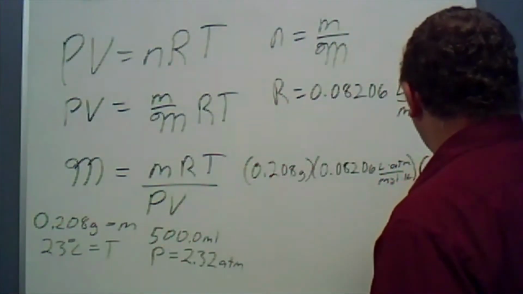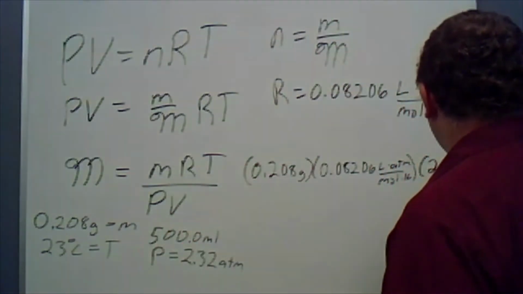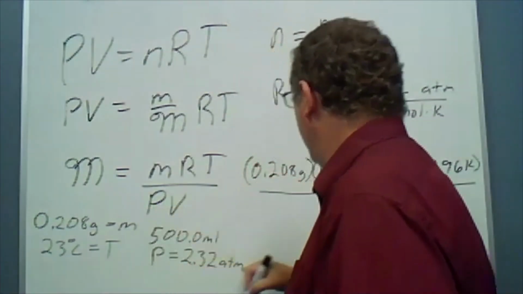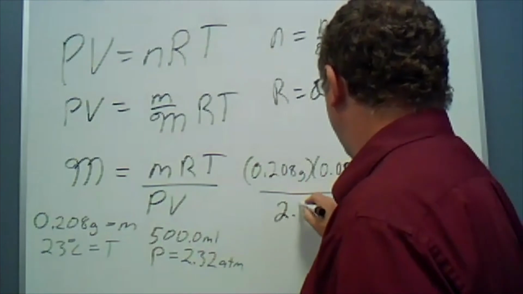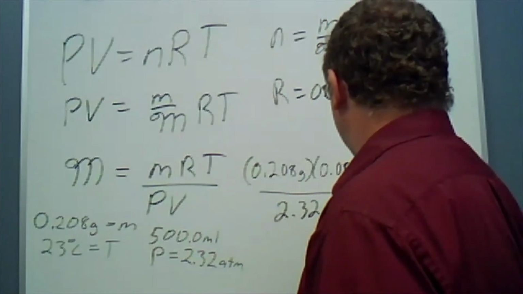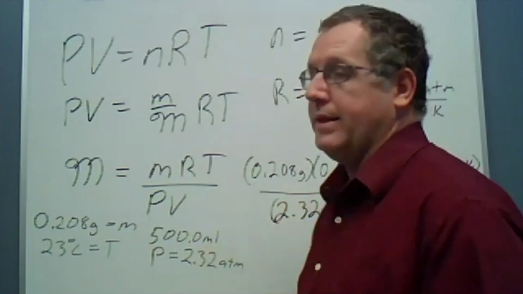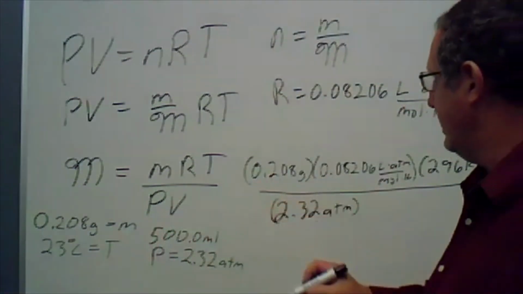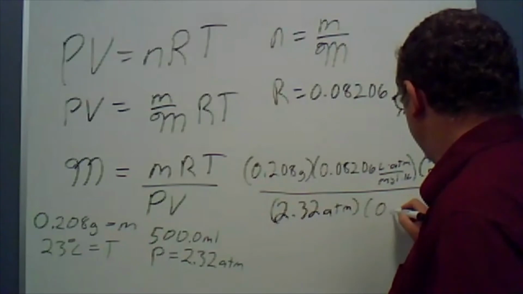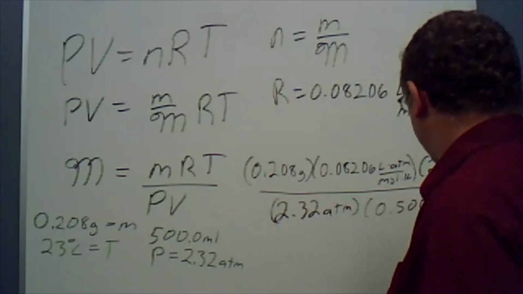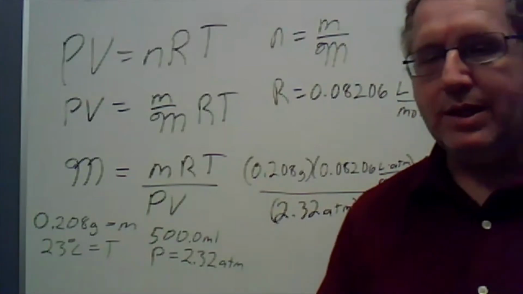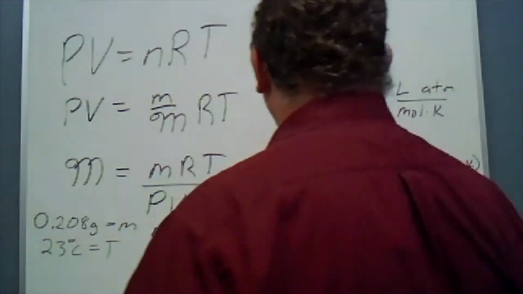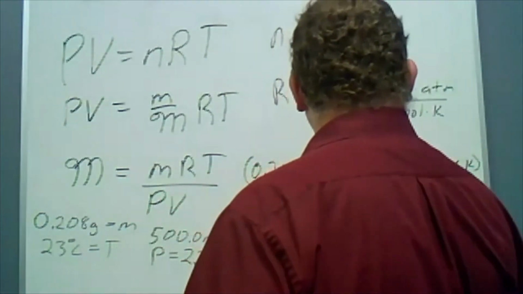So this ends up being 296 Kelvin. And my denominator, pressure times volume. Pressure is 2.32 atmospheres. And I know that there are 1,000 milliliters in a liter. So I can use that as a conversion factor to get 0.500 liters.